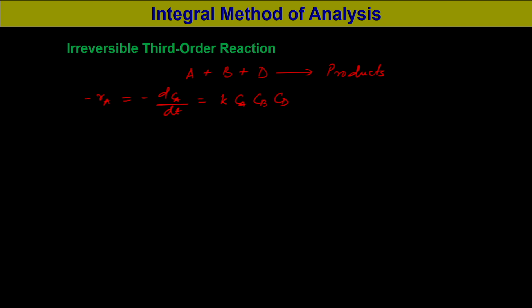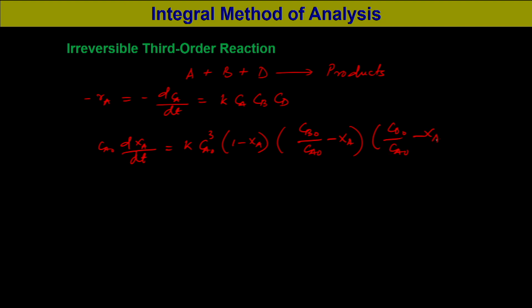Now, in terms of conversion we can write C_A0 dX_A/dt would be equal to k C_A0 cubed into (1 minus X_A) into (C_B0/C_A0 minus X_A) into (C_D0/C_A0 minus X_A).